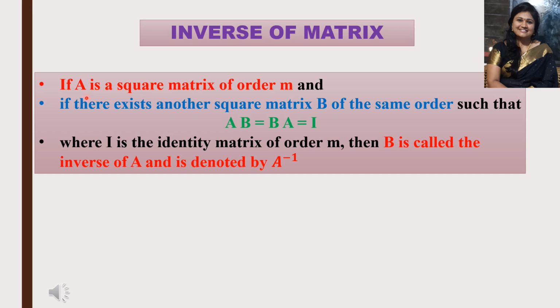So we have two matrices A and B. A is a square matrix of order M. We just take order M as general, right?